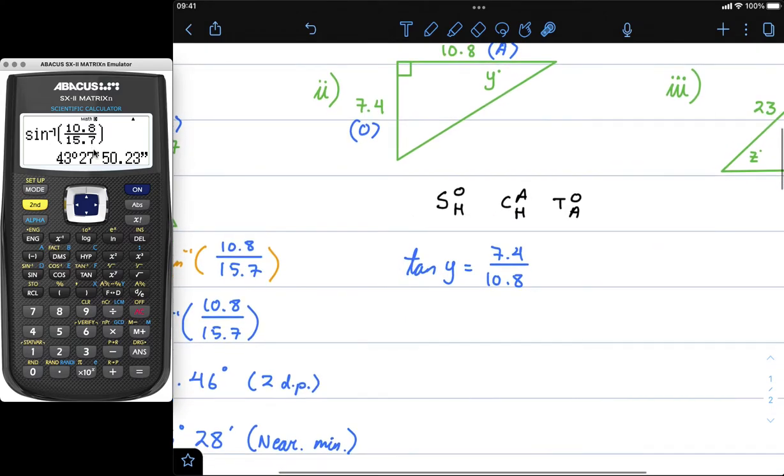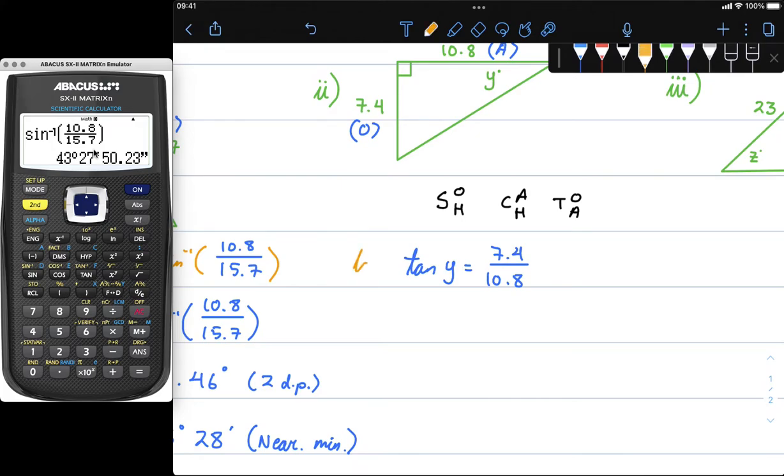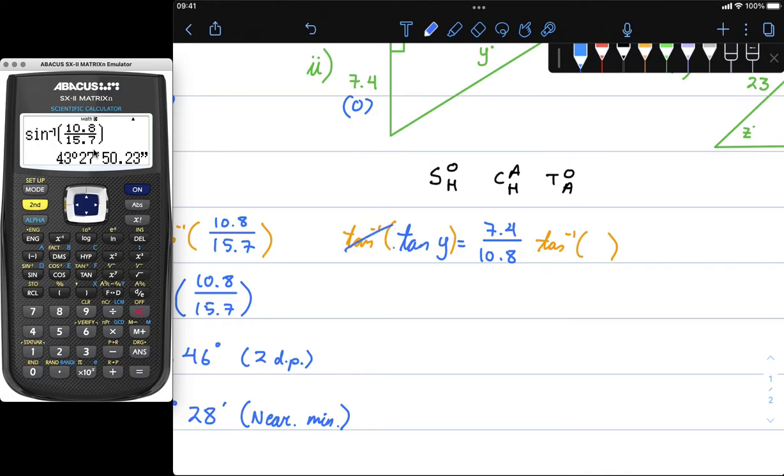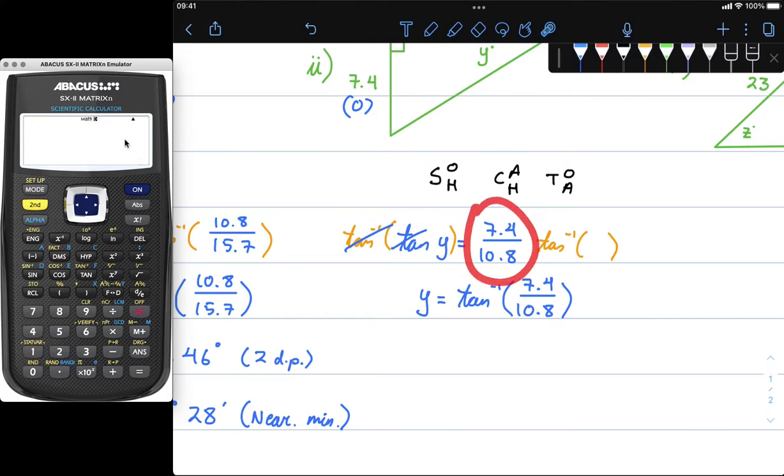Okay, so from here we take the inverse of tan on both sides, which cancels out these, which leaves us with y is equal to tan inverse of 7.4 over 10.8. So we're taking the inverse of whatever we place in ratio here. So typing that in, remember, shift tan first, 7.4 over 10.8.